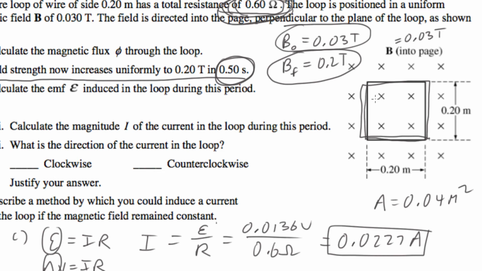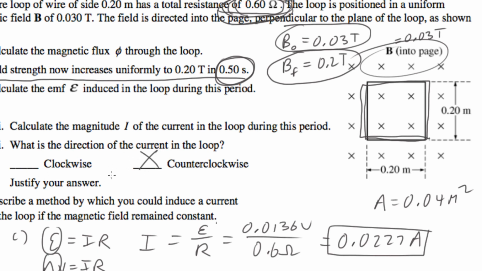We went from a magnetic field in to a stronger magnetic field in. That's a change in what direction? In. So the induced current will create a magnetic field, a separate magnetic field. We're not talking about this magnetic field, a separate magnetic field out. So you've got to do right hand rule number 2. You put your hand around that loop, your forefingers curling out, and your thumb points counterclockwise. So the direction of the current is counterclockwise.